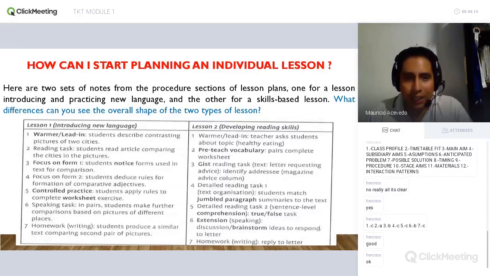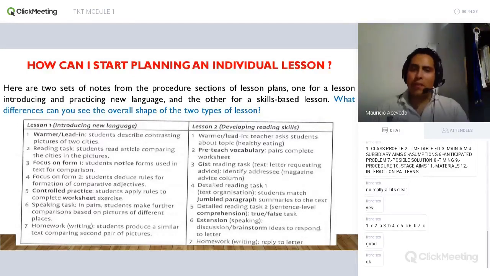Text organization, students match paragraphs to summaries of the text. Number five, detailed reading task two. Sentence level comprehension, true or false task. Number six, extension speaking, discussing, brainstorming ideas to respond to the letter, and finally seven, homework, writing a reply to the letter.